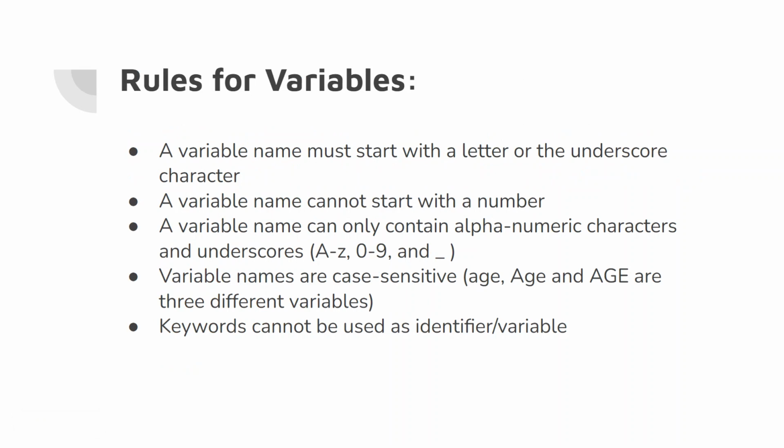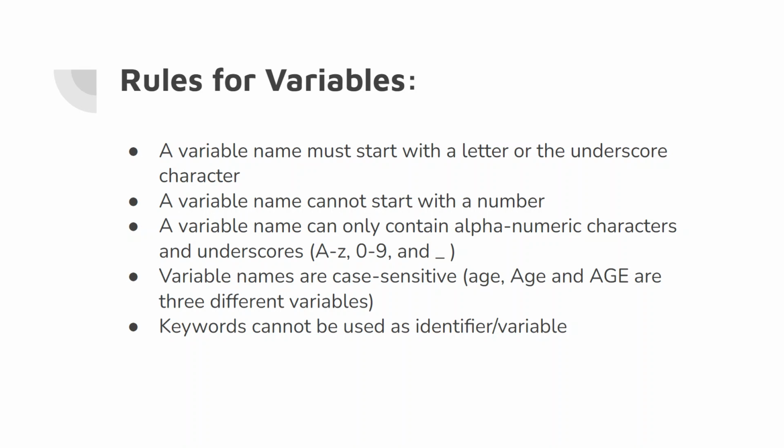Rules for variables, these are mandatory rules. A variable name must start with a letter or underscore. A variable name cannot start with a number. A variable name can only contain alphanumeric characters and underscores. That means symbols you cannot use inside variables.